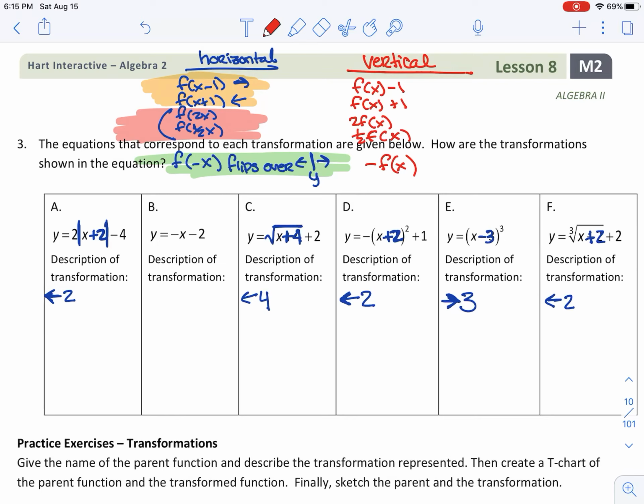Okay? And these ones happen in a special order. They happen in PEMDAS order. These ones I'm actually looking to do from the bottom up.